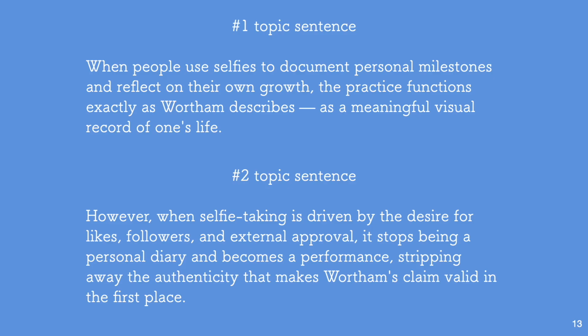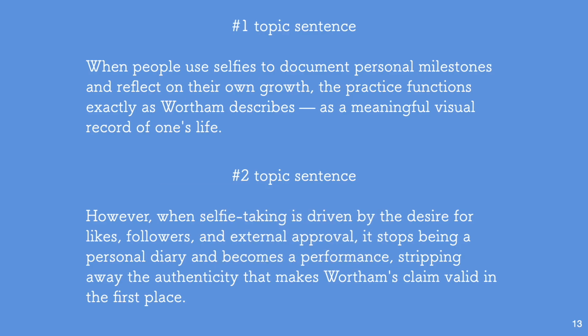Notice what's happening here. The first paragraph is going to build the case for Wortham's claim. Maybe you talk about how looking back at old photos genuinely helps people see how far they've come, or how documenting travel and experiences creates a personal timeline. Wortham looks right. But then the second paragraph pivots.